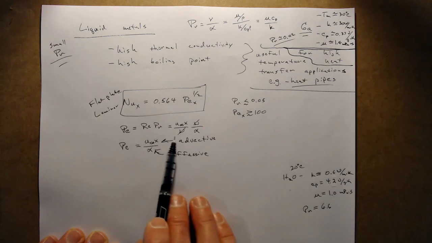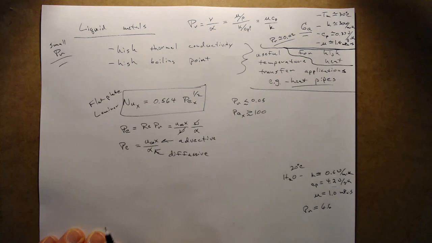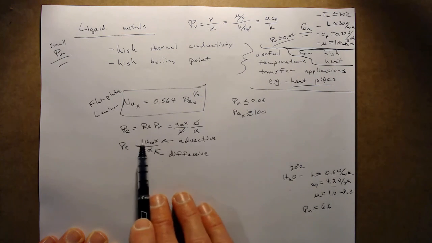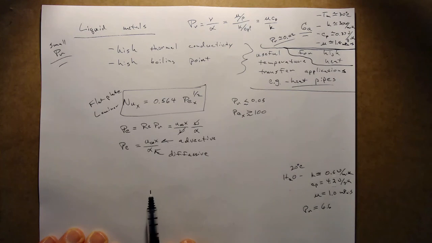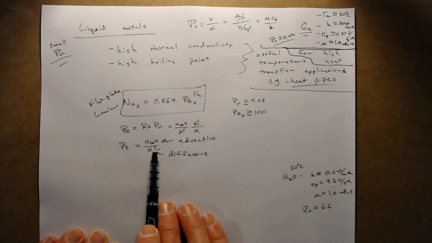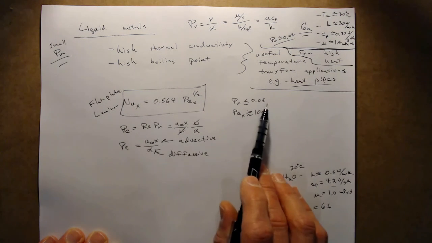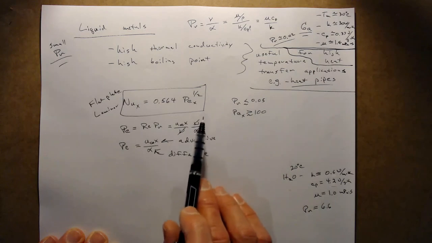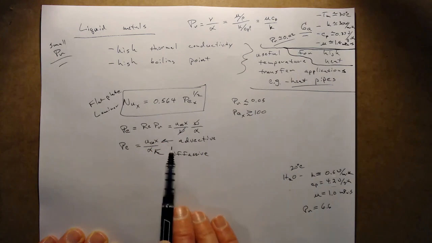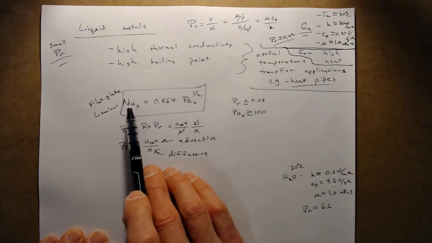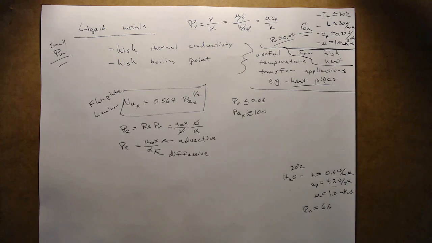In this case, the top is really about how fast things are advecting. Specifically, we're interested in how fast thermal energy is carried with the velocity of the flow compared to how fast thermal energy is diffusing in the flow. So for Peclet numbers over 100 and low Prandtl numbers, this solution is valid for the local Nusselt number of a flat plate in laminar flow.